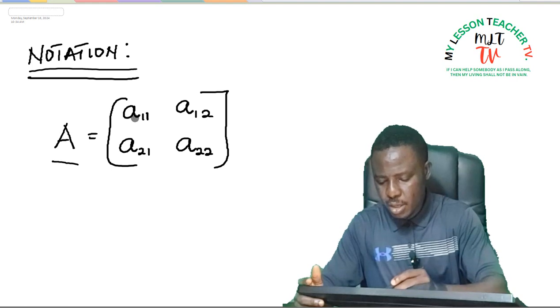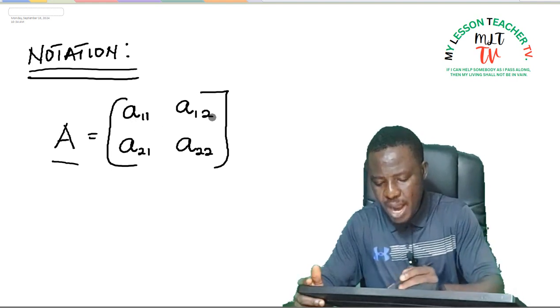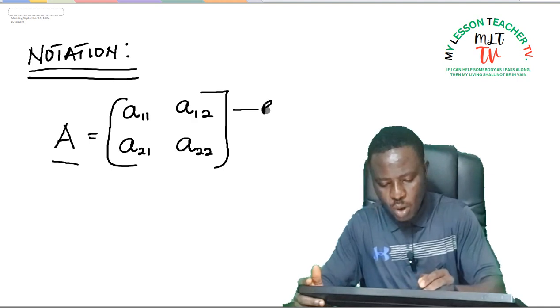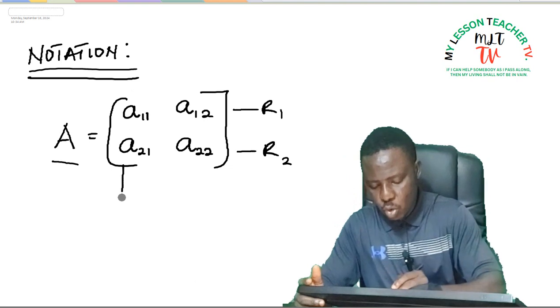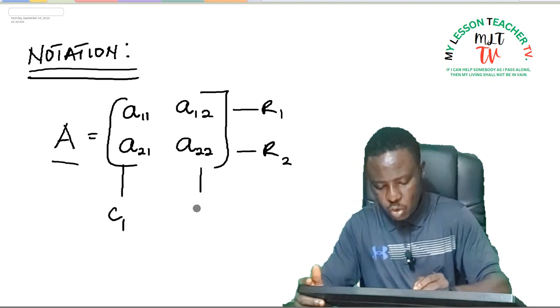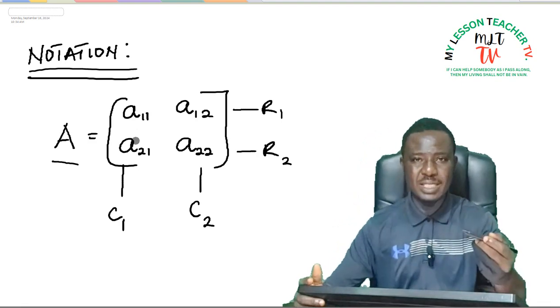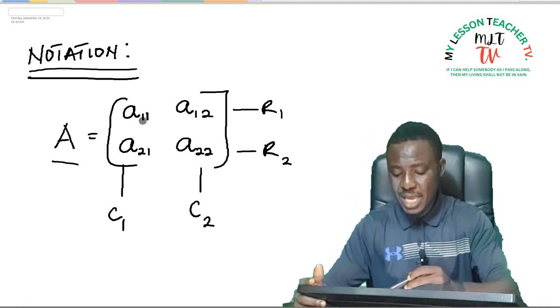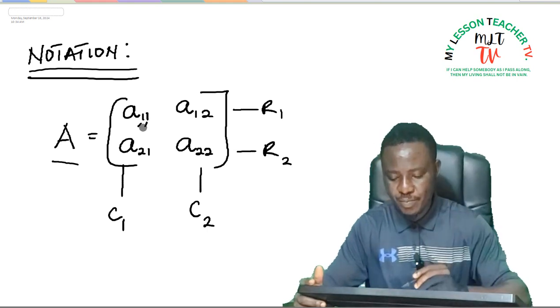So this is element a11, meaning it is occupying row 1, column 1.